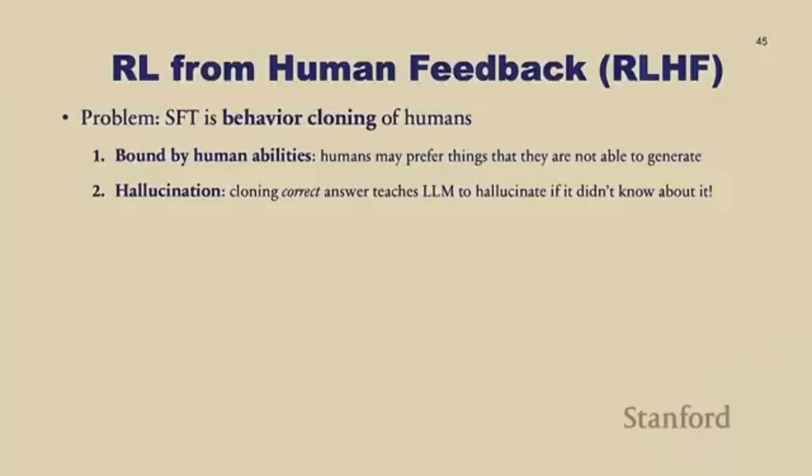Issue number 2, which I find pretty interesting, is that if you've ever heard of the word hallucination, this is LLMs generating false information. People have hypothesized that hallucination can come from supervised fine-tuning, even if you do it on data that is correct.